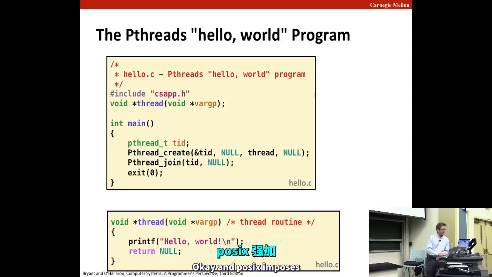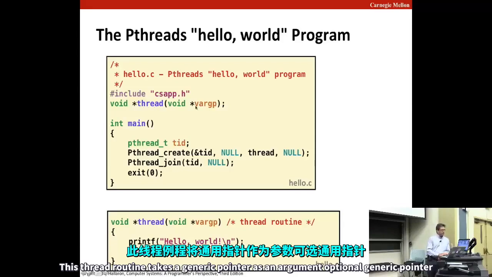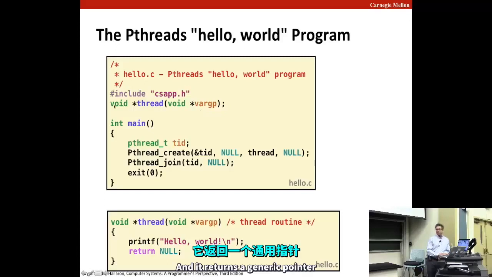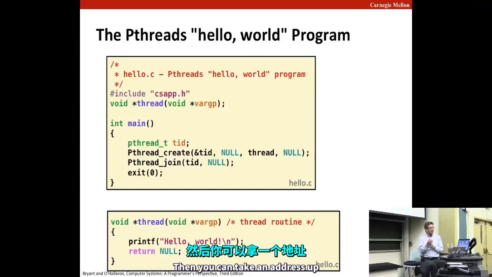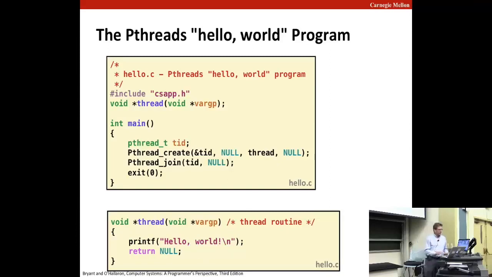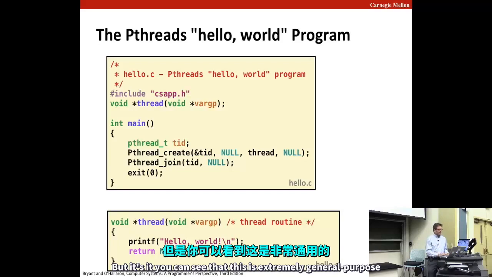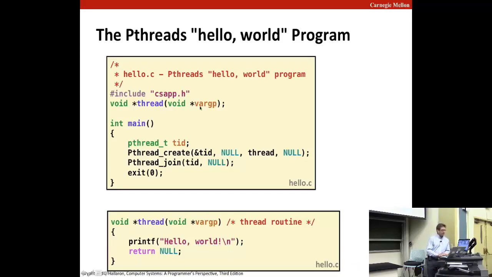POSIX imposes that this thread routine takes an optional generic pointer as an argument, and it returns a generic pointer. So if you want to pass anything to a thread, you've somehow got to pack up all that data into a single object that you can take an address of. But you can see that this is extremely general purpose.